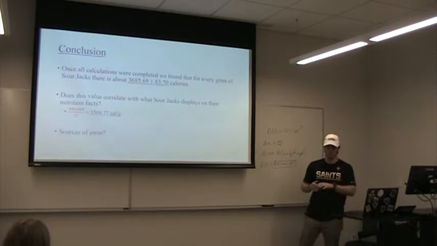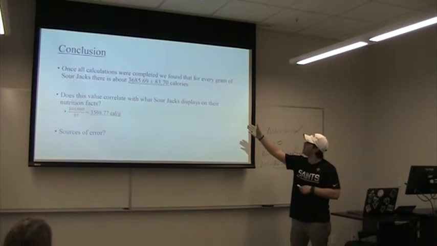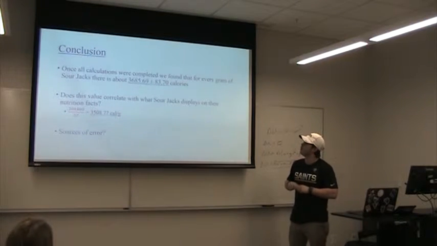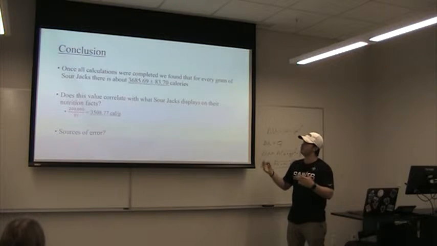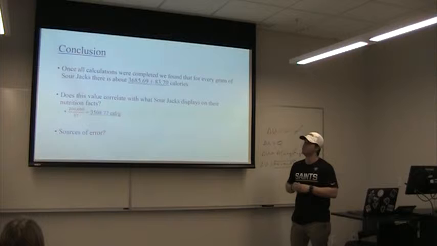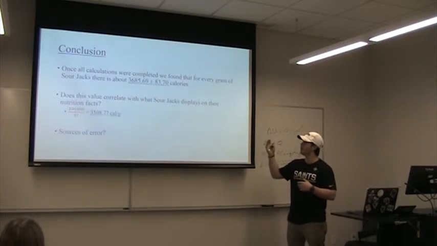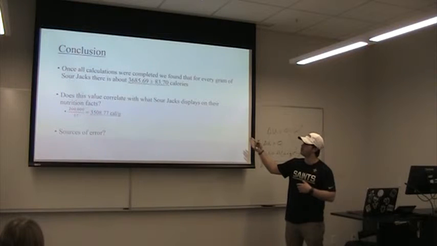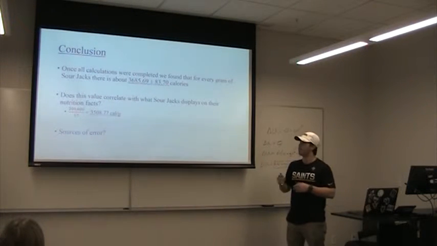And so in conclusion, what does this data tell us? So here is our final number. We were saying that we're getting about 3,700, give or take 100 calories per gram, which is higher than the value Sour Jacks displays on their bag.